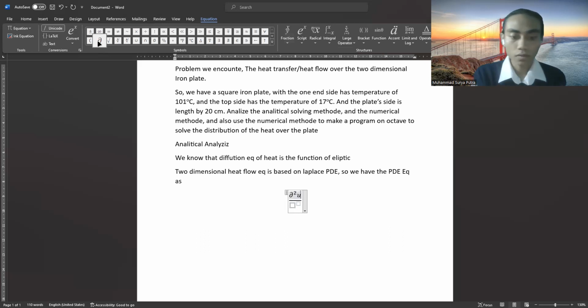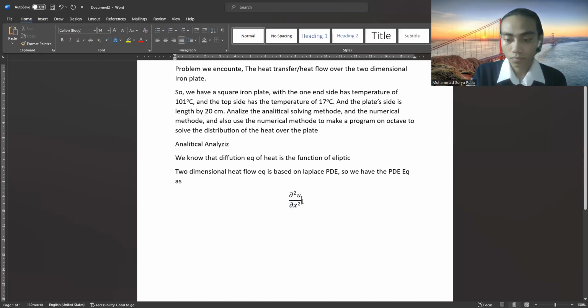This is the second derivative of the function u with respect to x.